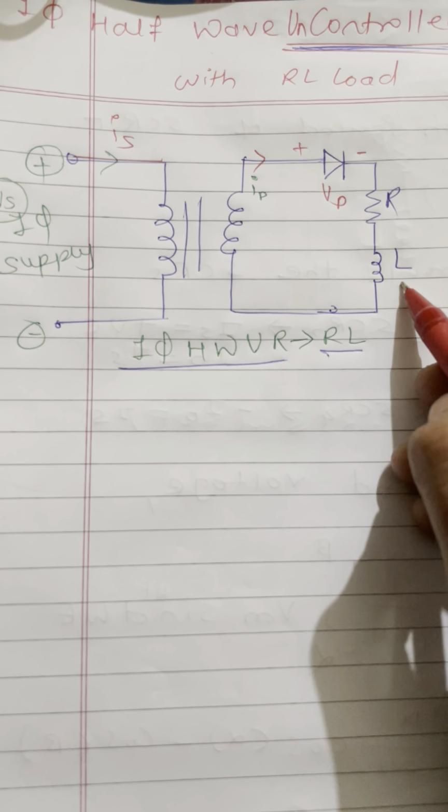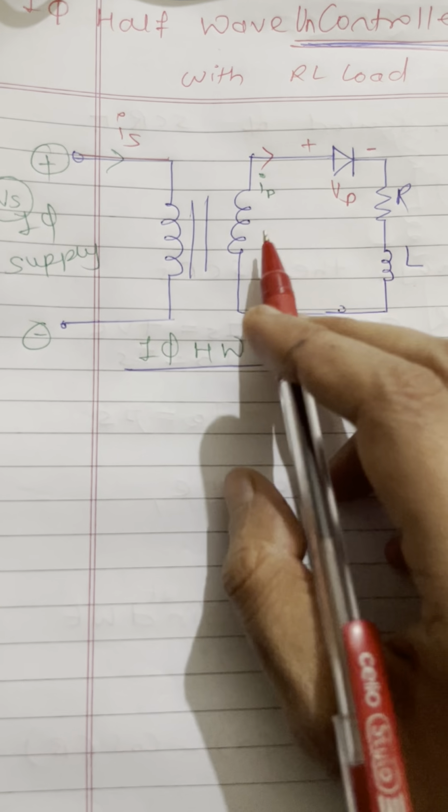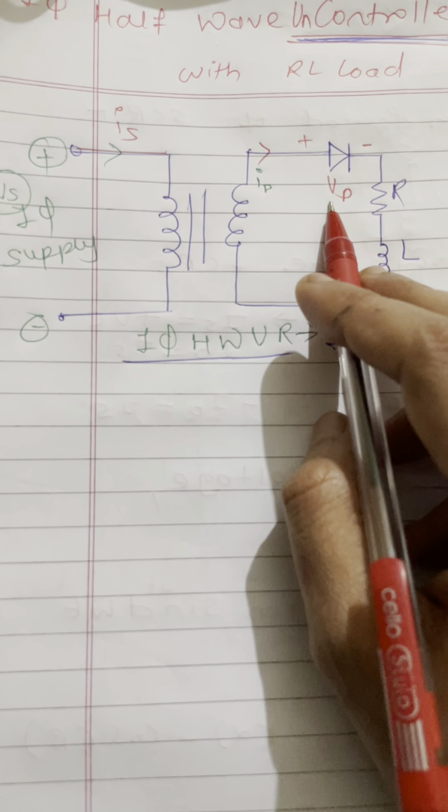Note the load current. The load current starts rising slowly at omega t equals 0, when the diode starts conducting in the positive half cycle.